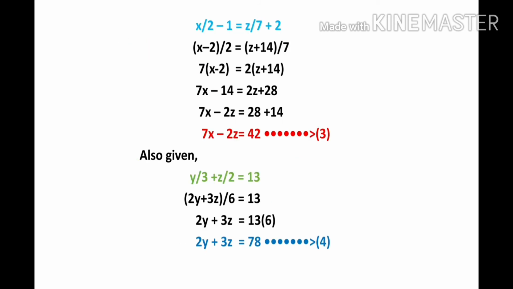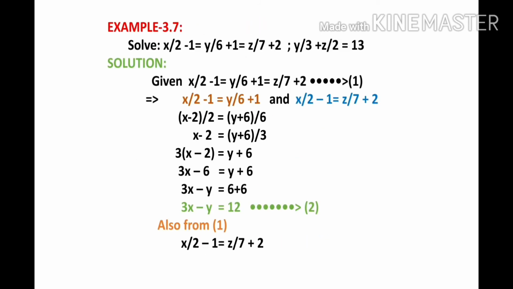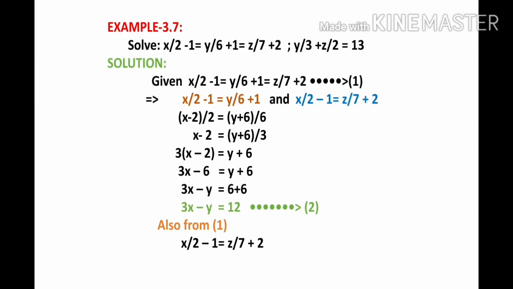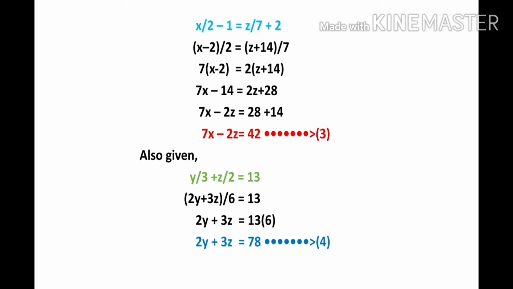So note the equations 2, 3, 4. Here one variable is missing in each equation. In equation 2 the variable z is missing, in equation 3 the variable y is missing, and in equation 4 x is missing.